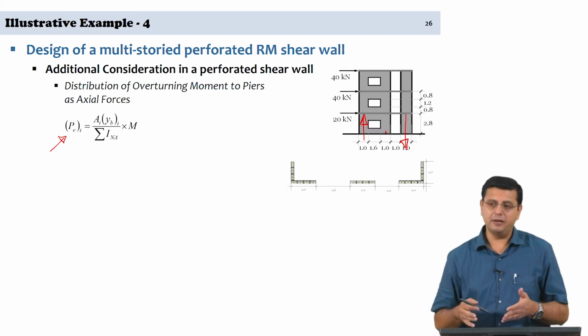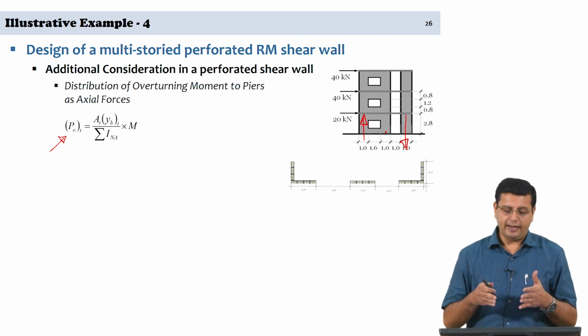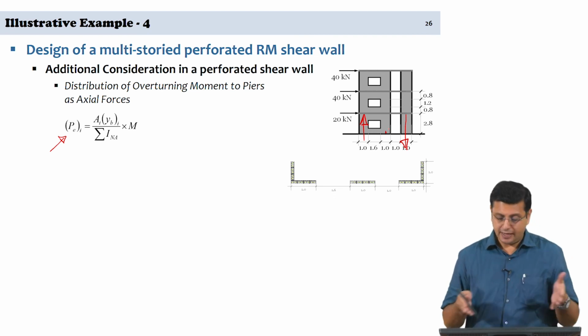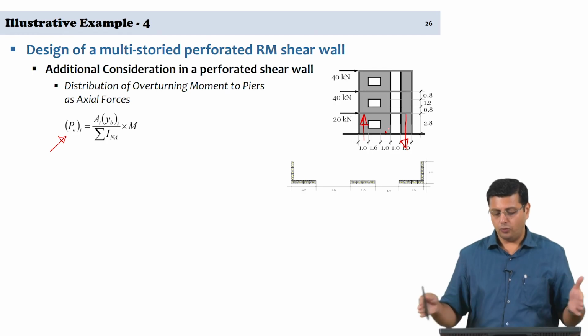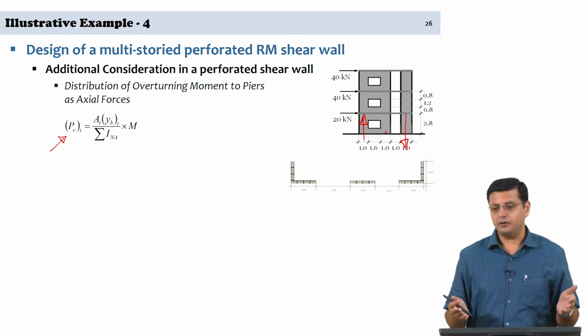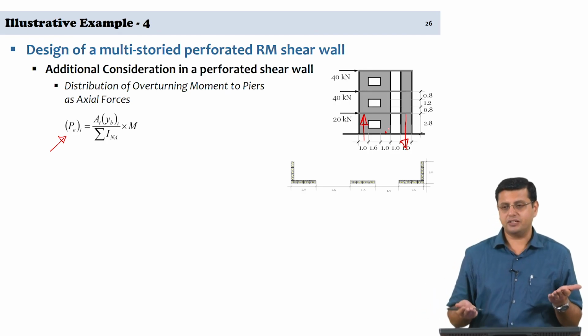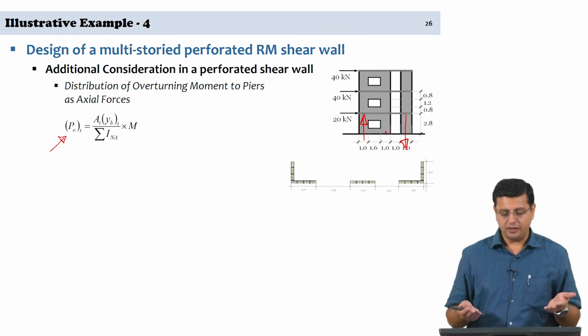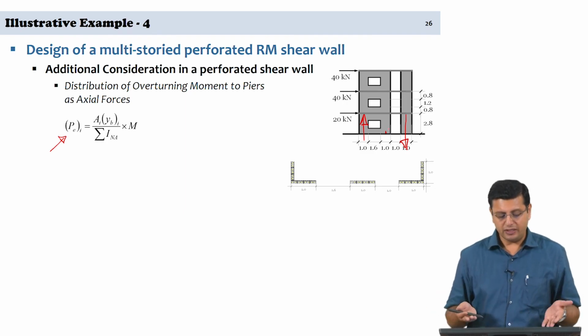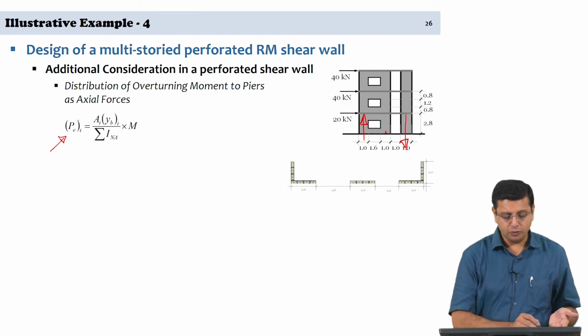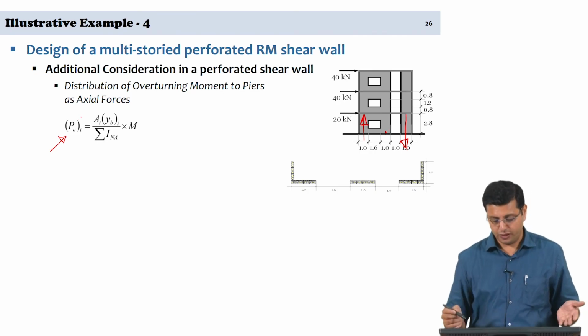The pier in the middle, if it is aligned with the center line of the overall building plan, then would see minimal alteration in the axial force because of the overturning moments, or the axial force corresponding to the overturning moment would be close to 0.